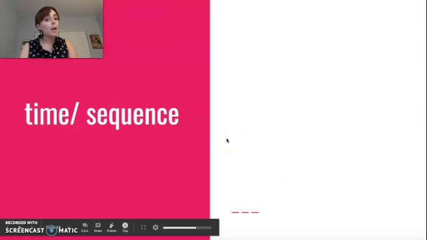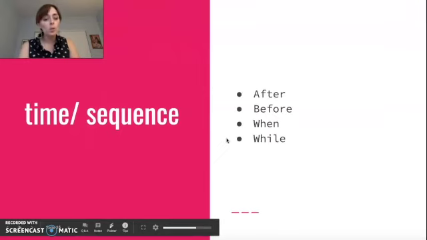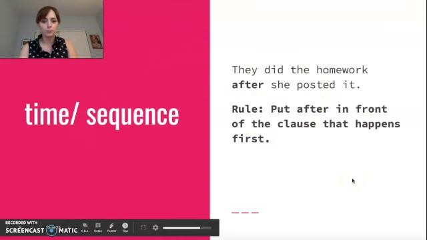Now we're going to look at time or sequence subordinating conjunctions. So the ones we're learning today are after, before, when, and while. So let's look at an example. They did the homework after she posted it. So we know one of these things comes first.